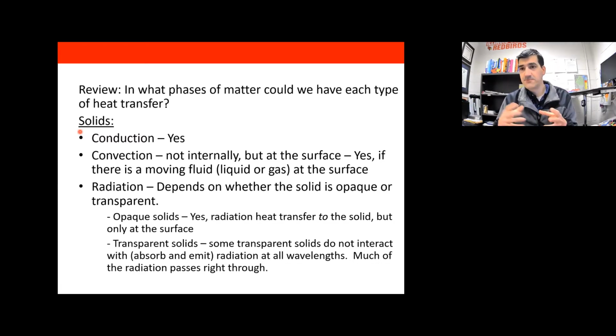This study of how radiation heat transfer interacts with solids, especially glass, is really important to the modern window industry. So in general, what I want you to know is that radiation heat transfer can transfer to the surface of an opaque solid, and in general, it can pass through a transparent or translucent solid.